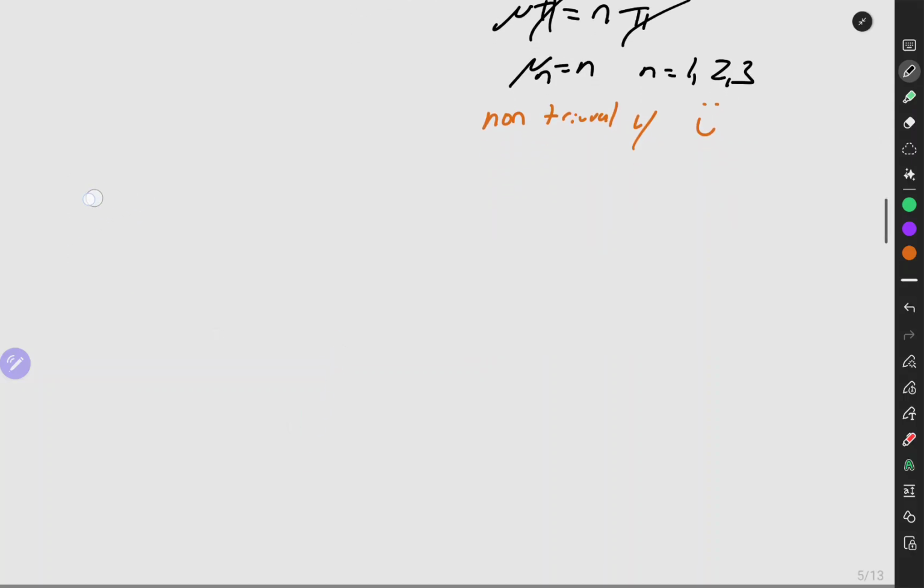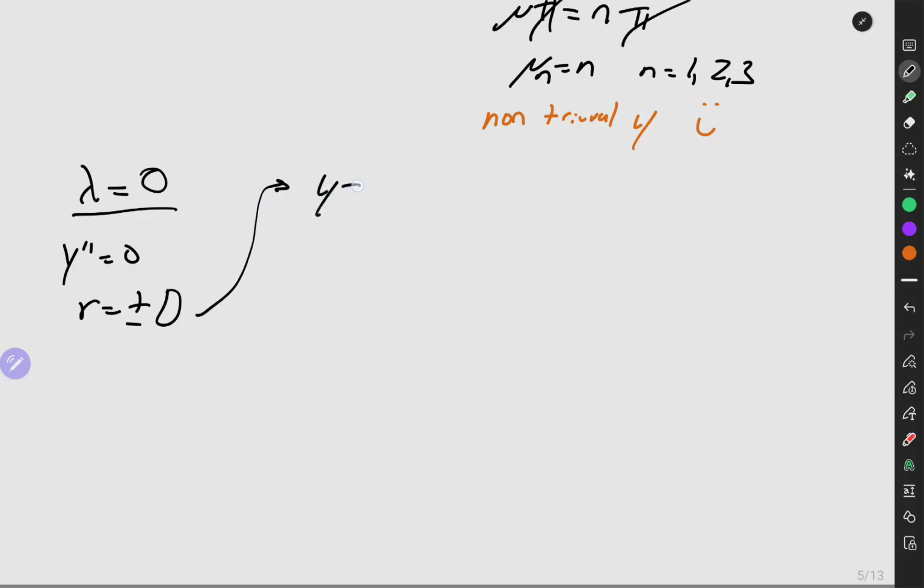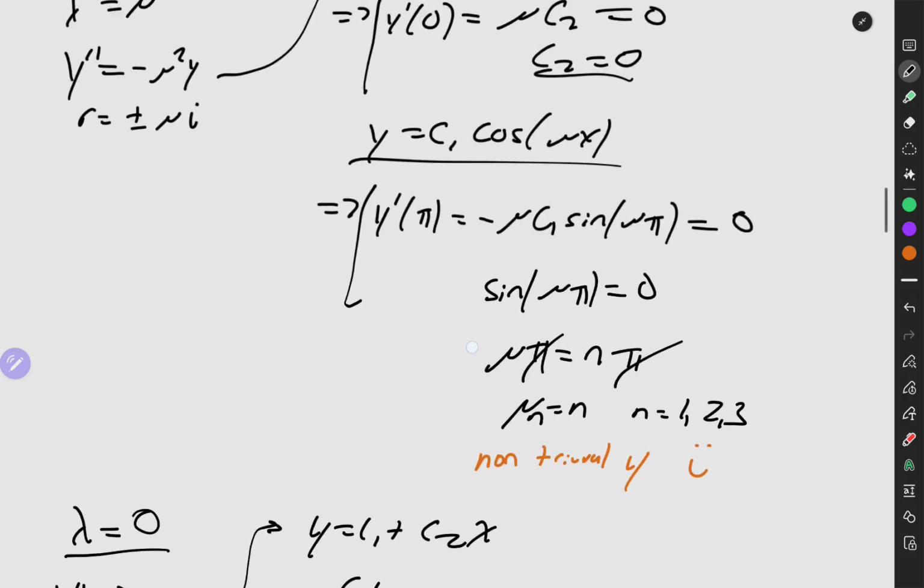Let's just take a look. When this is 0, we have, right? So then R is repeated zeros. C1 plus C2x. That we can, was it prime 0 first?